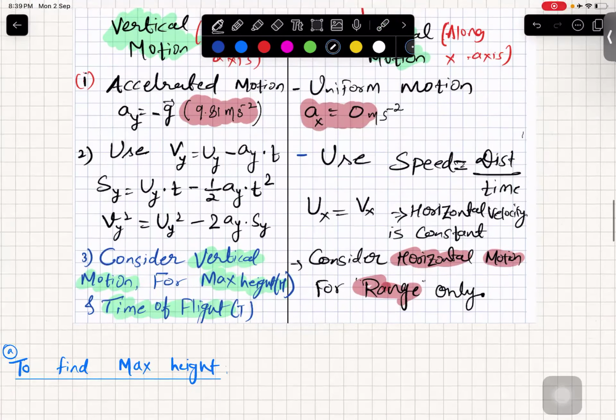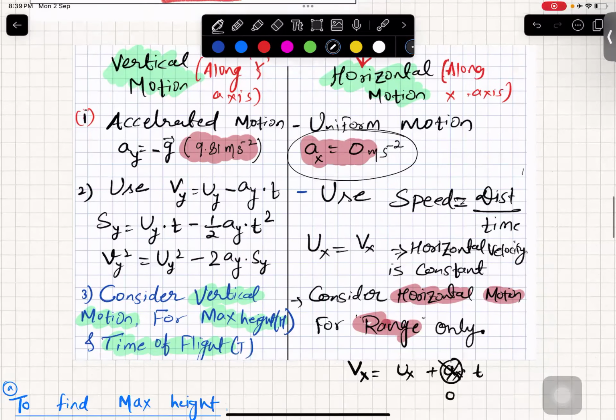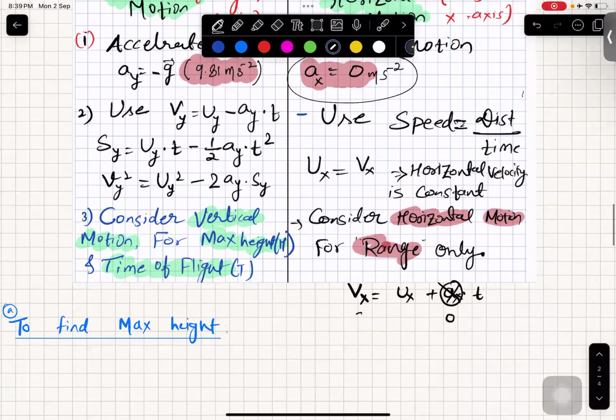Vx equals ux plus ax times t. Here, the acceleration in the x direction is considered zero because the object is not accelerating horizontally. Using the second equation, you get sx equals ux t plus 1/2 ax t squared.